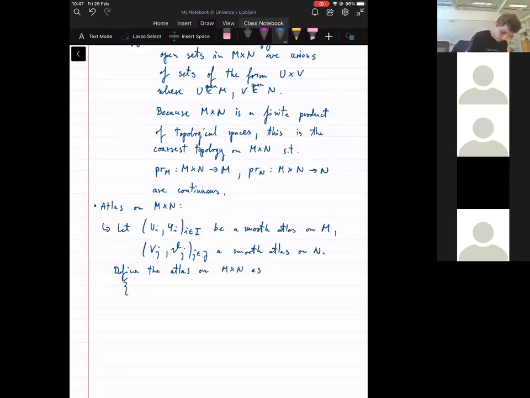This is a family of pairs, U_i times V_j and phi_i times theta_j, where i and j must run in the corresponding index sets. So what is this map here?